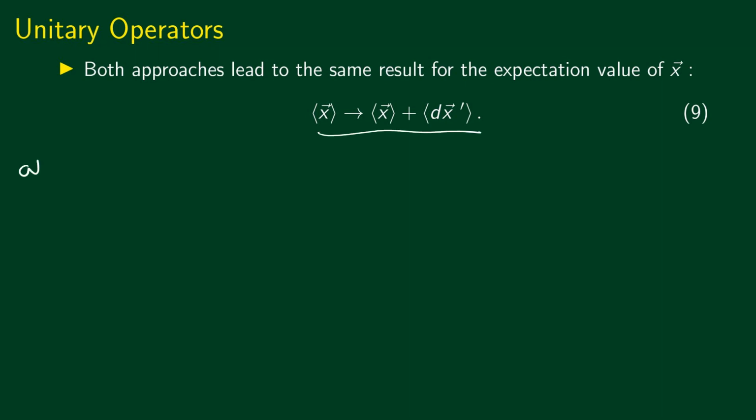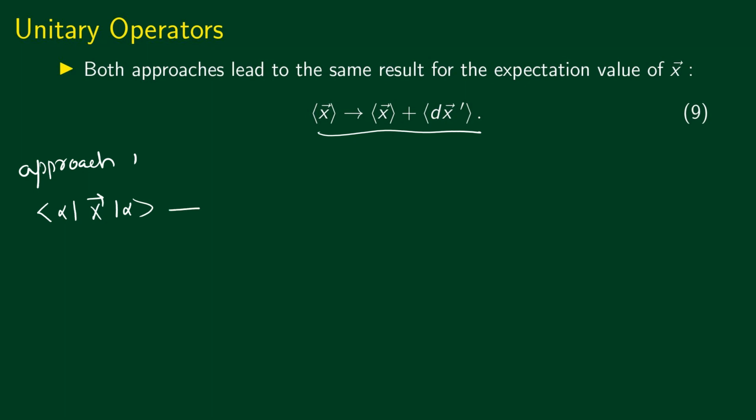Now we can easily check this. So let's do it in approach 1. In approach 1, the expectation value in the given state ket alpha is bra alpha operator x ket alpha. This is the definition for the expectation value in the state ket alpha.